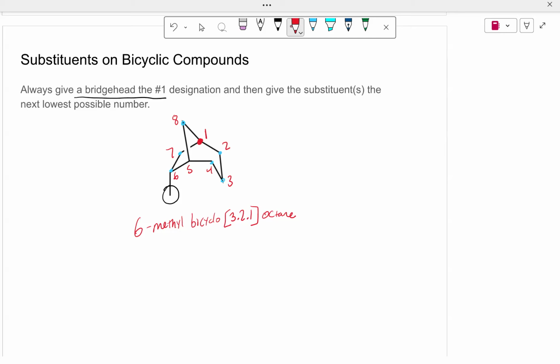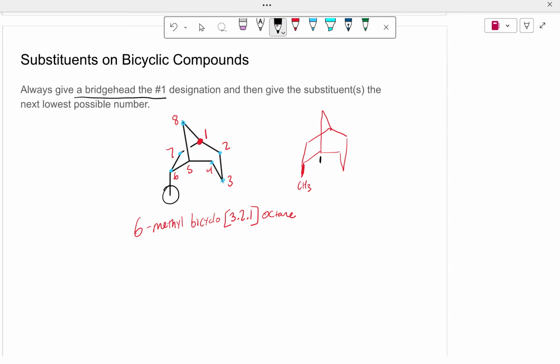Now, the question you might have in your head is, why did I start with that bridgehead as number 1? So I'm going to try to redraw this here. Here's my methyl group right there. I'll just put a CH3 so I don't mistake it.